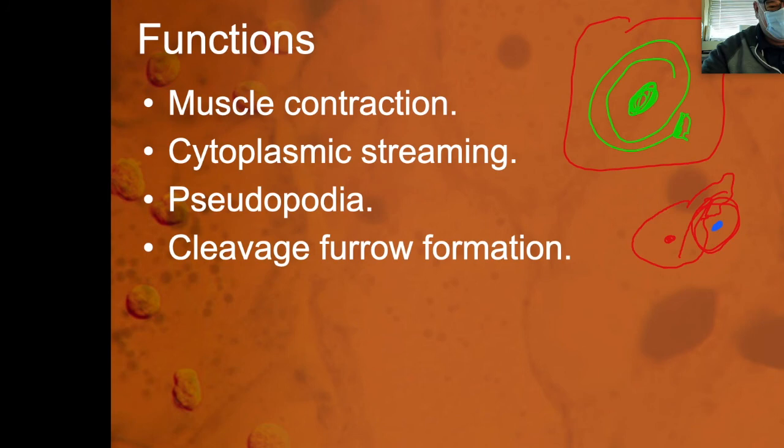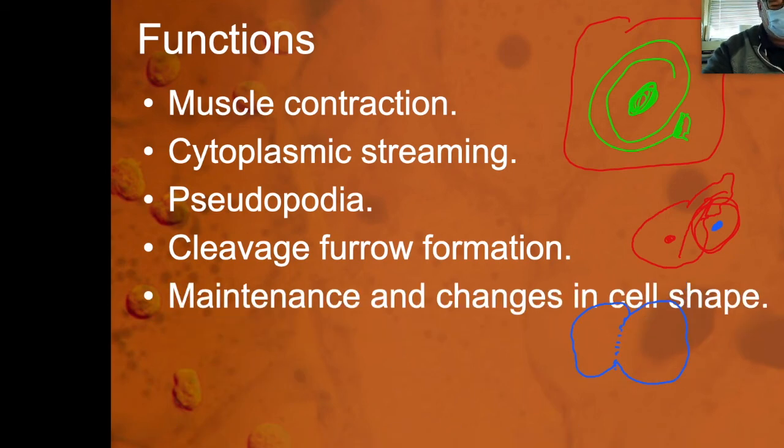All right. Cleavage furrow formation. Cleavage just means crack, okay? And so when cells start to divide, they'll start sort of pinching together right here, and that happens due to this part of the cytoskeleton.